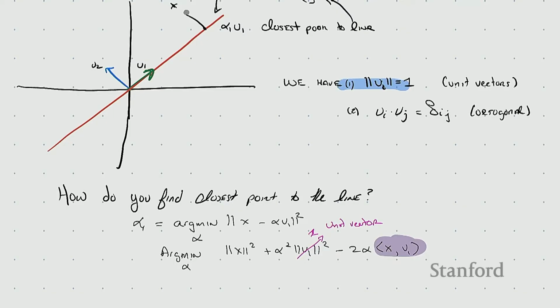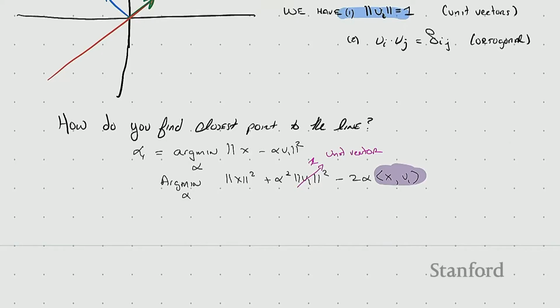When we take the derivative with respect to alpha of this expression, this expression looks like to us alpha squared minus 2 alpha x u1.